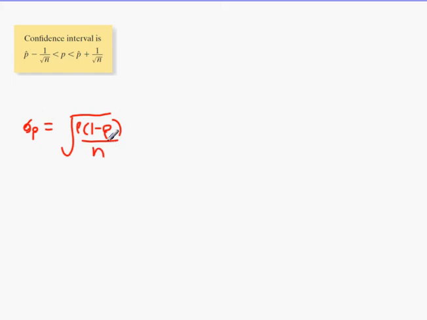And now the confidence interval for 95% would be your p-hat plus 1.96 delta p on one side, and p-hat minus 1.96 delta p on the other. How do I know that this is specifically talking about the 95% confidence interval? The 1.96.